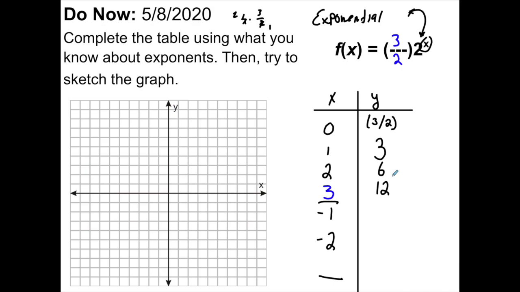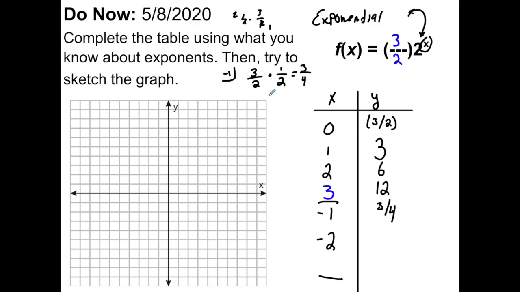Okay, what about -1? So if I do 2 to the -1, it's going to become 3 halves. So I'll write -1 here so we know what I'm doing. So 2 to the -1 is 1 over 2. So we've got 3 quarters.